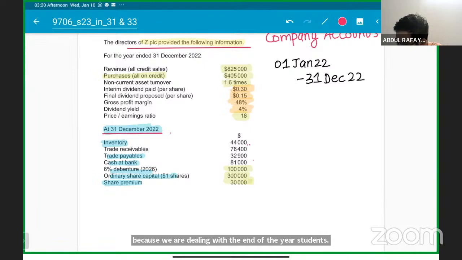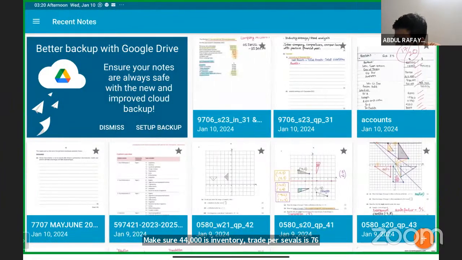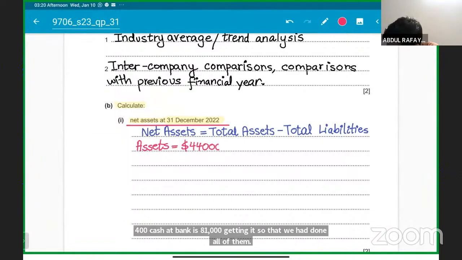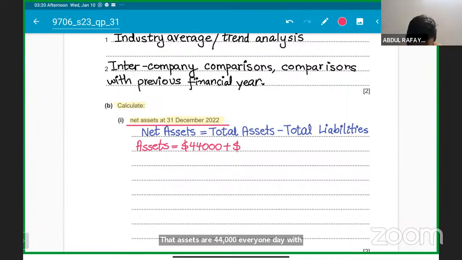So we will take inventory, make sure 44,000 is inventory, trade receivables is 76,400, cash at bank is 81,000. Let me write down all of them. Assets are 44,000, the inventory. Trade receivables were 76,400 from the question, students.